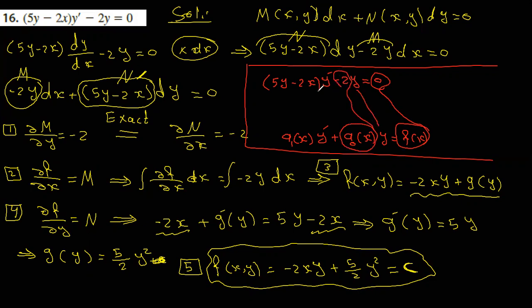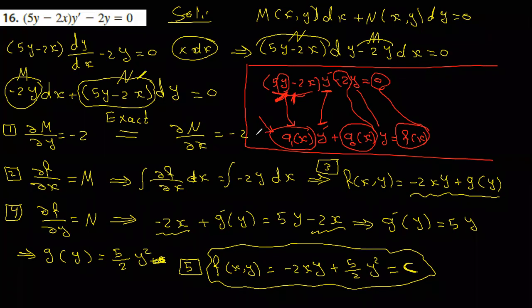Because this is y prime and this is y prime. Let me check the coefficients. Unfortunately, the coefficient of y prime has y, but the rule says it must be a function of x. Because here you have y, this equation isn't linear. The rule says only a function of x.